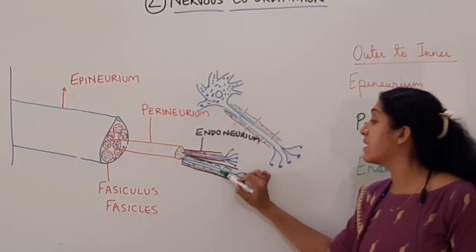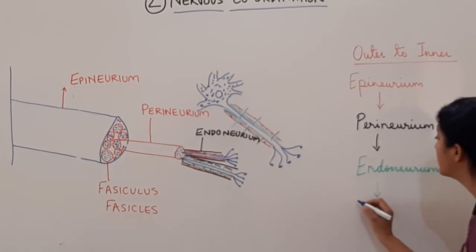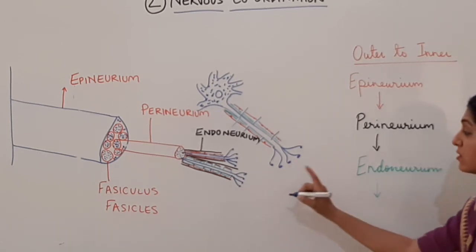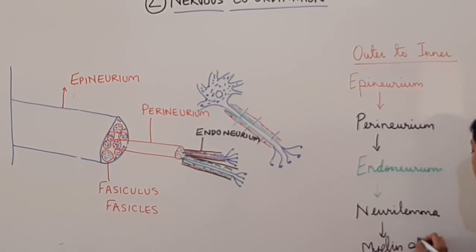Axolemma के अंदर रहेगा axoplasm. So see, below the endoneurium, if it is a myelinated neuron, then you will have the neurilemma, and below the neurilemma you will have the myelin sheath. Below the myelin sheath you will have the axolemma.